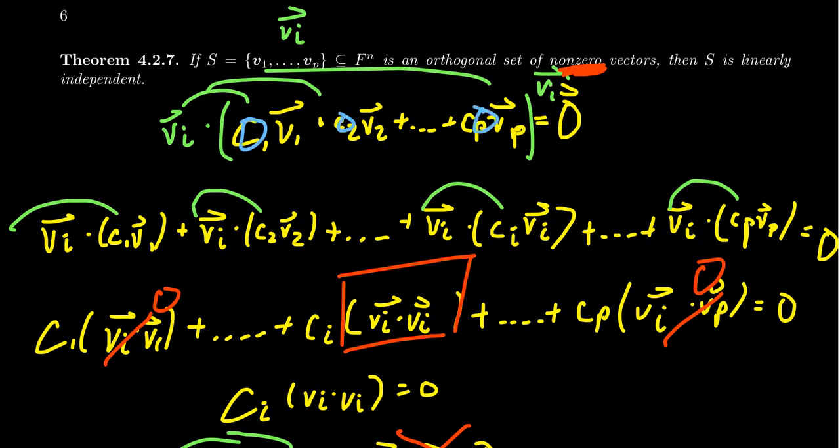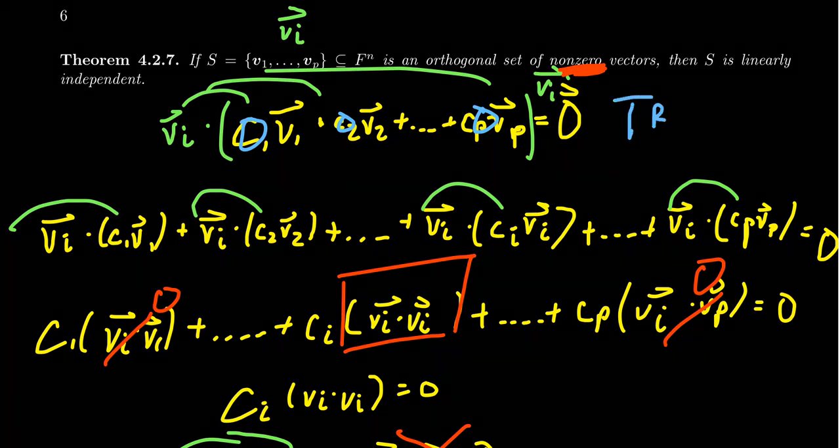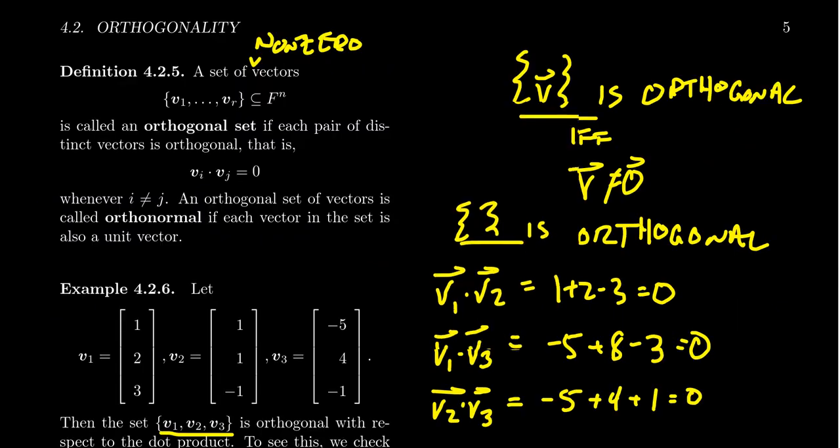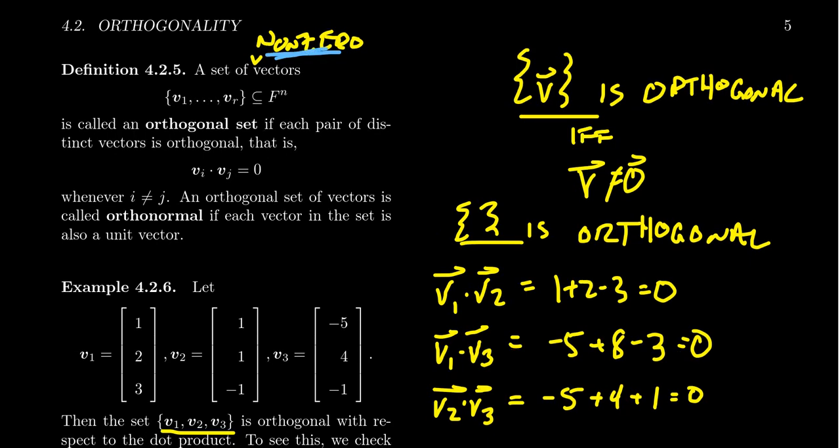And so the only solution to this homogeneous system was the trivial solution. And that's exactly what one expects when you have a linearly independent set. The only way to get this combination to be 0 is for every scalar to be 0 itself. So orthogonal sets are in fact linearly independent, but we have to make sure that we only have non-zero vectors.